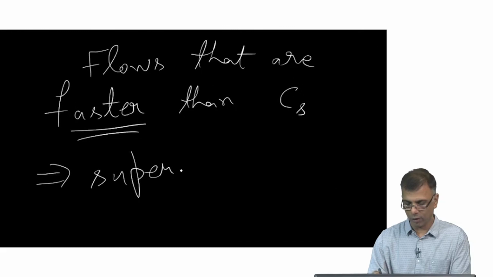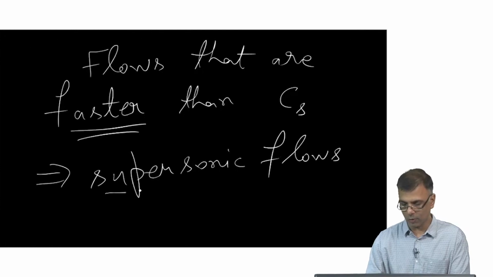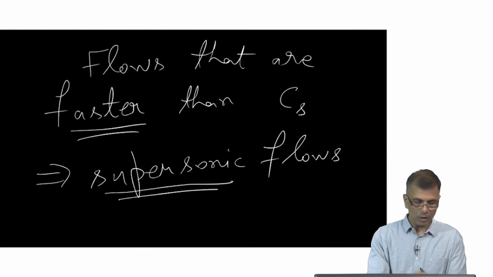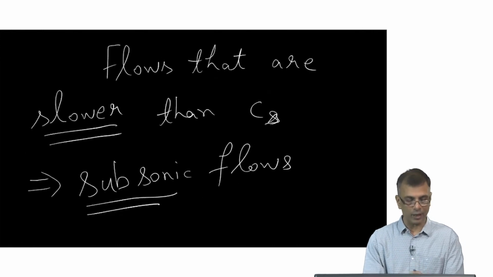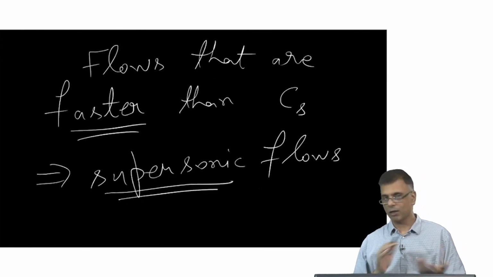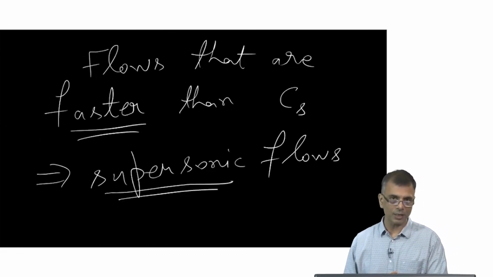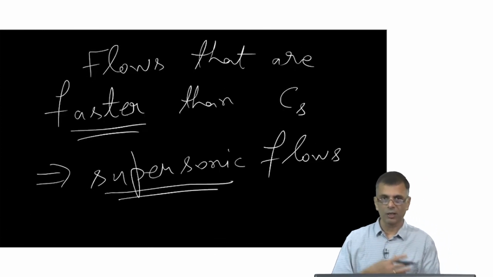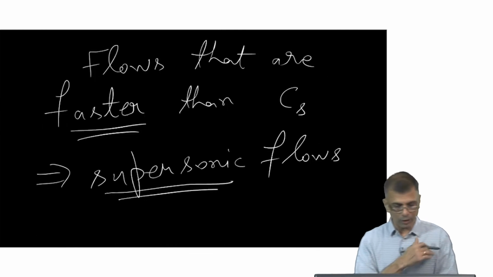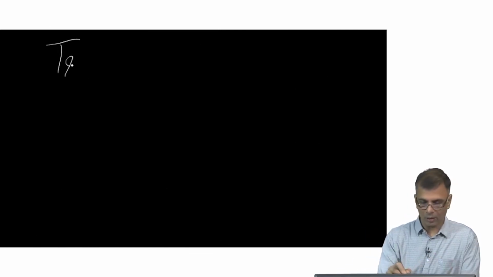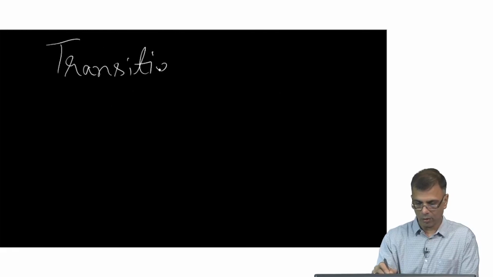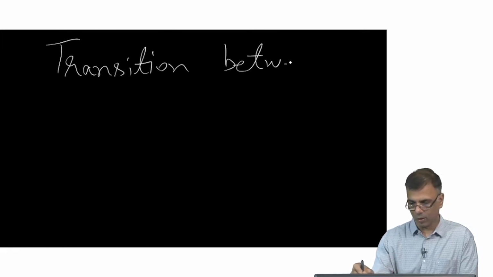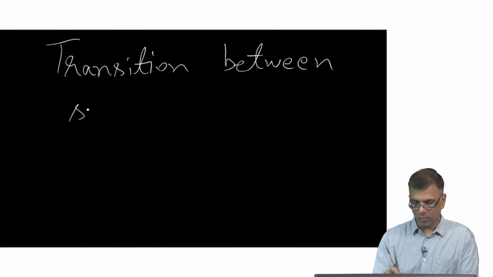So these are the two kinds of flows that we will concentrate on, and we will see that supersonic and subsonic flows are very different in character. We will also investigate this peculiar phenomenon where a flow can transition from subsonic to supersonic, and we call the transition between sub and supersonic flows transonic.